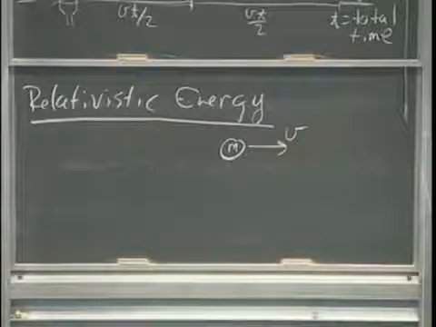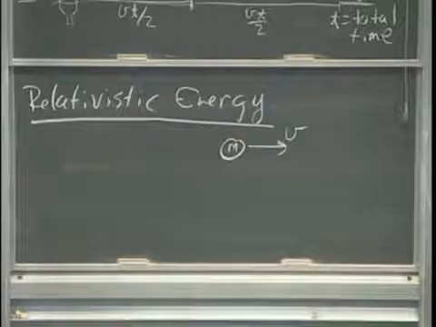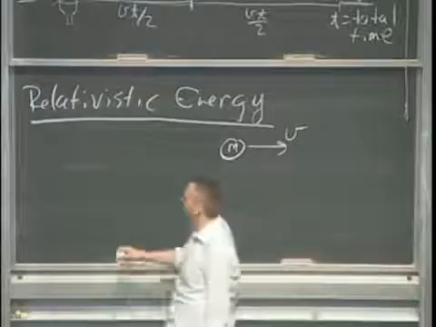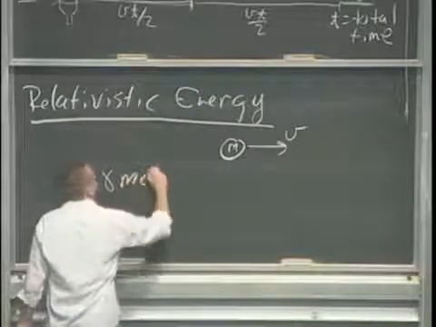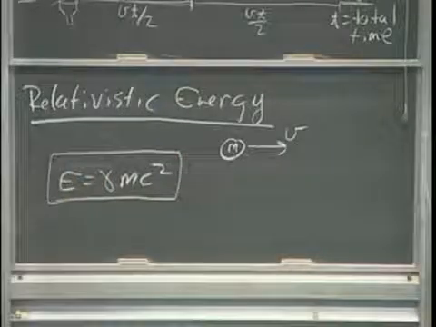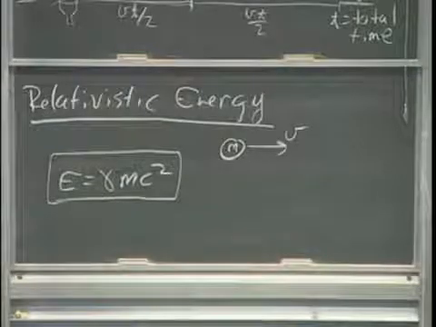Remember from classical physics, we would say it has a kinetic energy of 1/2 mv squared. So relativity gives us a completely different prediction. Relativity would tell us that the energy of that particle is equal to the gamma factor times its mass times the speed of light squared.